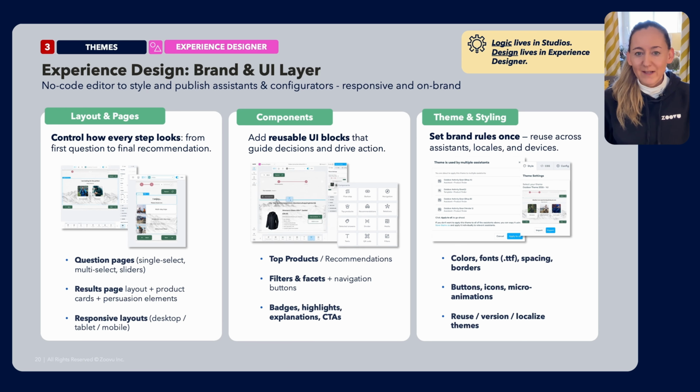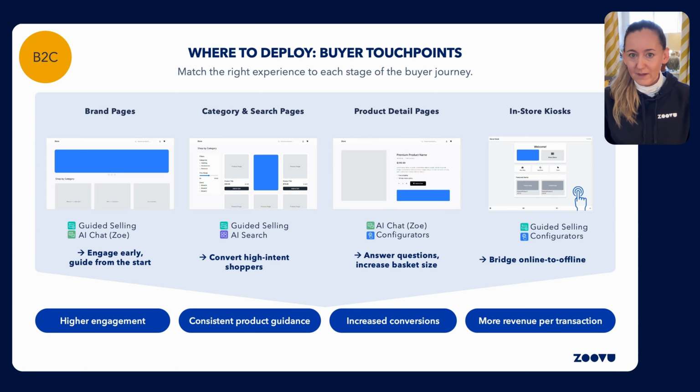So now, where do these experiences actually go? In B2C, deployment is about matching the experience to where buyers need help making a decision. On brand pages for early guidance, guided selling and Zoe AI chat engage before a shopper even exactly knows what they're looking for. With category and search, you convert shoppers who already have an intent.